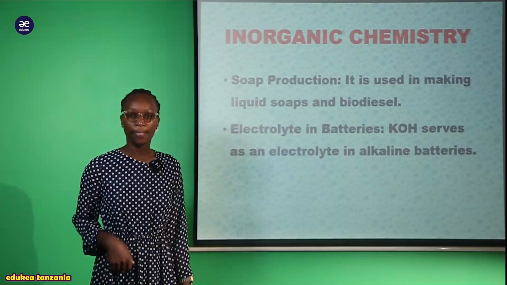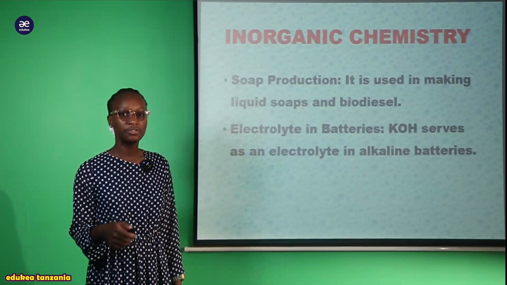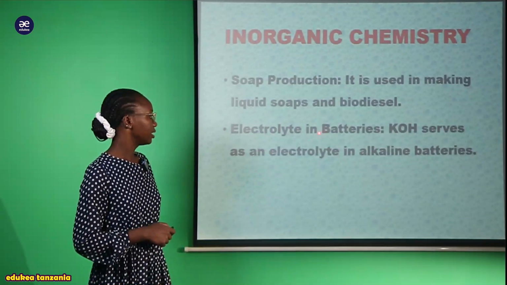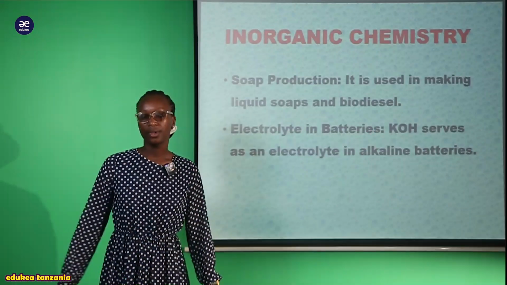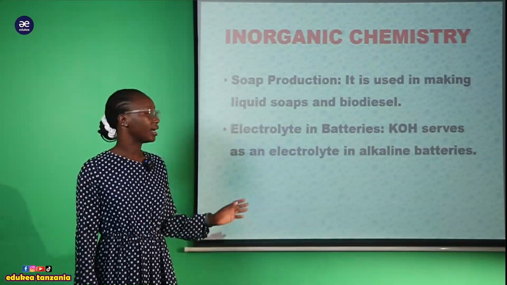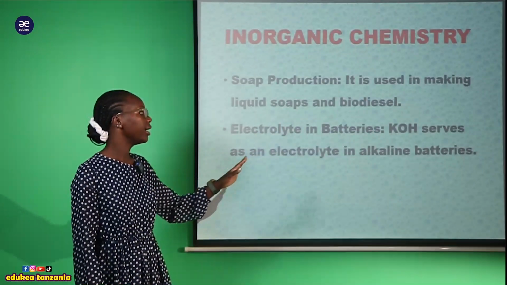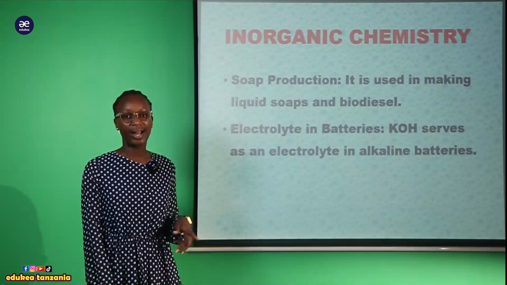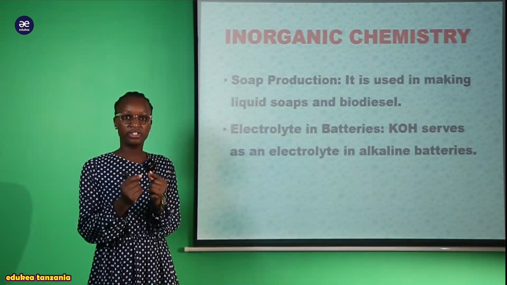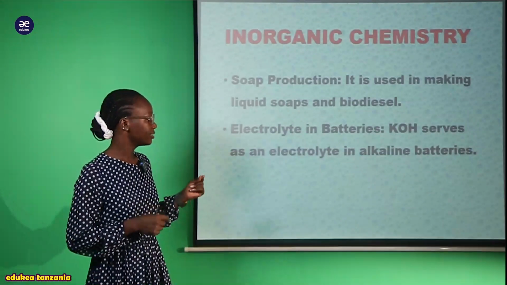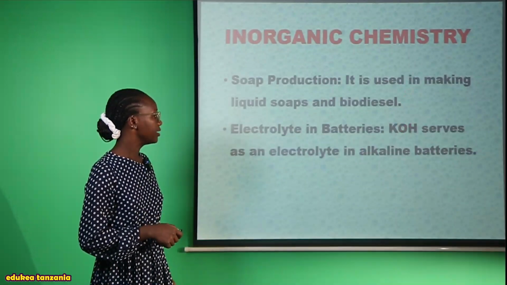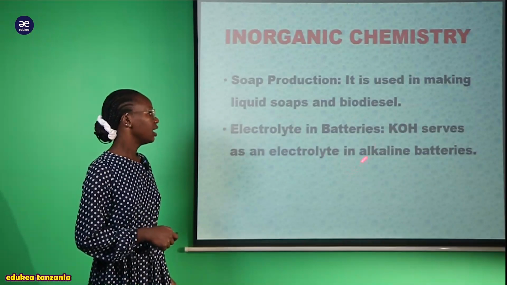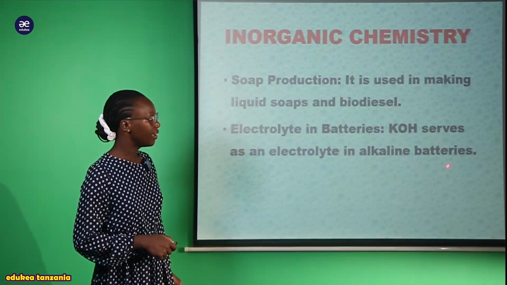But also the potassium hydroxide is useful in the electrolyte in batteries. It is useful katika swala zima la electrolyte in batteries. Maana kwamba hapa tunaangalia katika swala la conductivity of the what? Electricity. For instance, anasema potassium hydroxide serves as electrolyte in alkaline batteries.